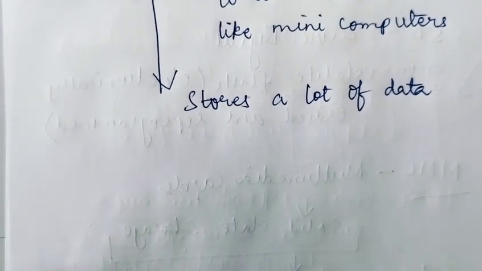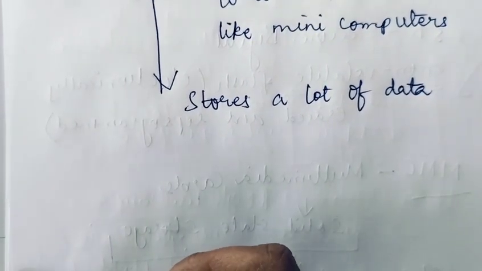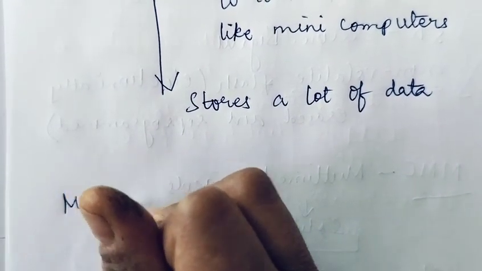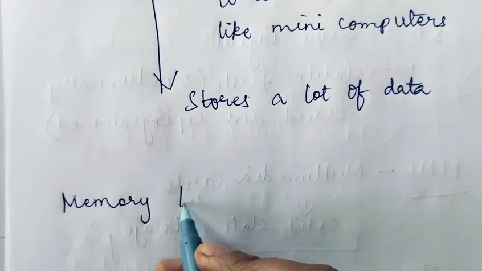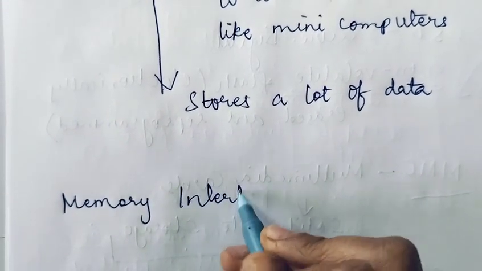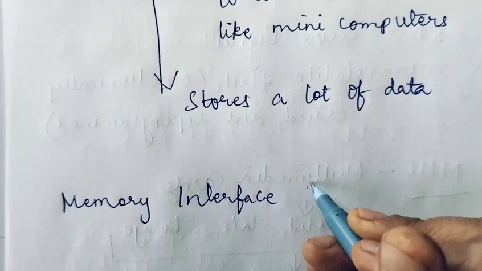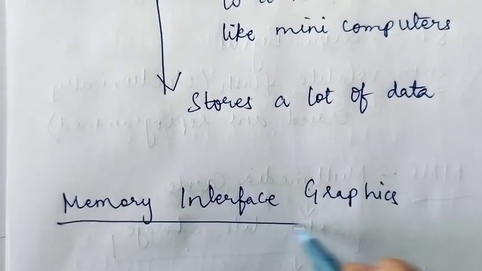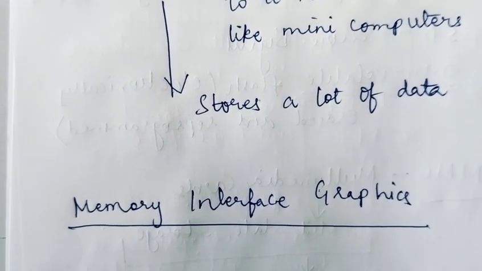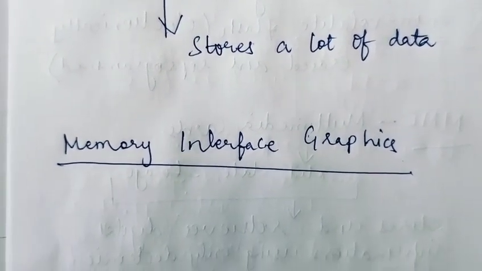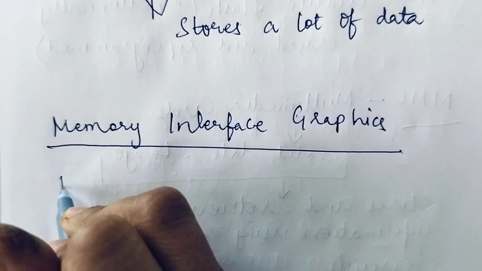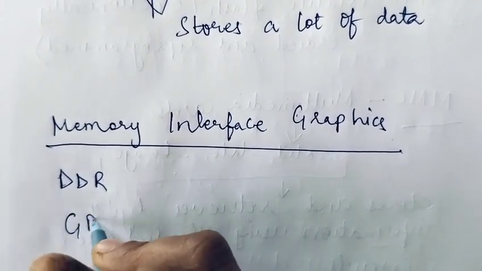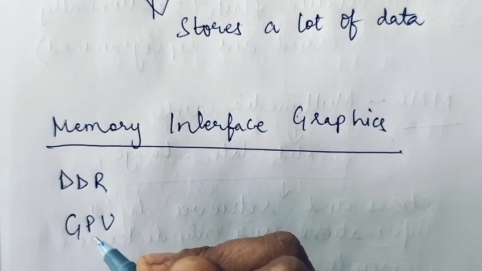Now the last component that we will discuss is your memory interface and graphics. So other memory interface and graphics includes your DDR and GPU. What is DDR and GPU?